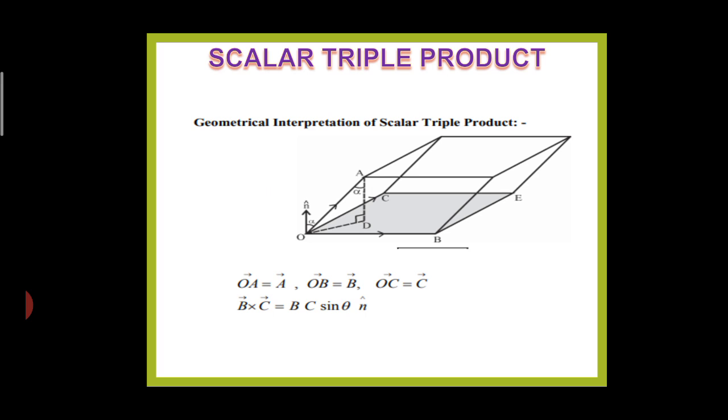OA is equal to capital A, OB is equal to capital B, OC is equal to capital C. So b cross c is equal to bc sin theta into n. So these are the equations of the scalar triple product. This is a basic example.